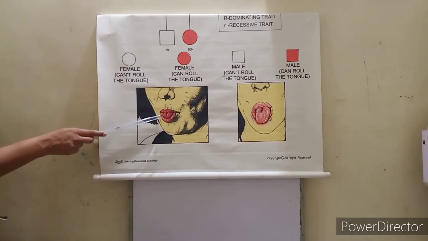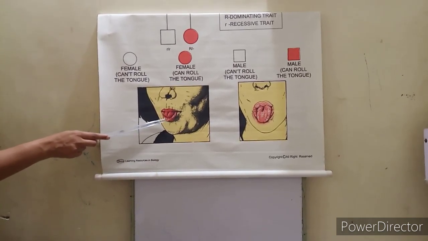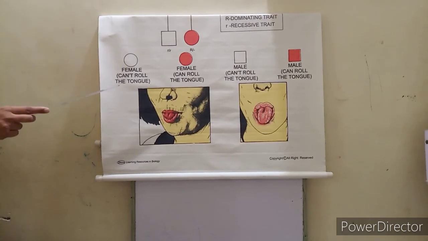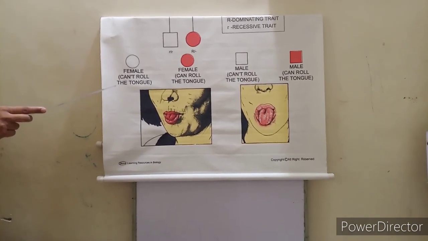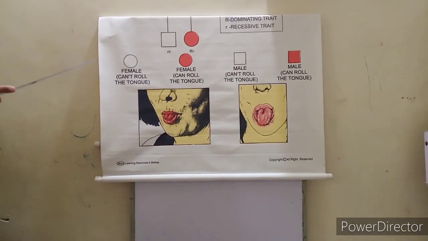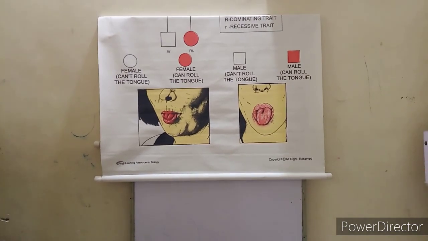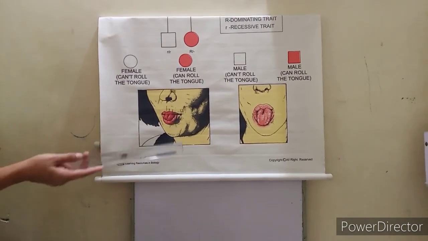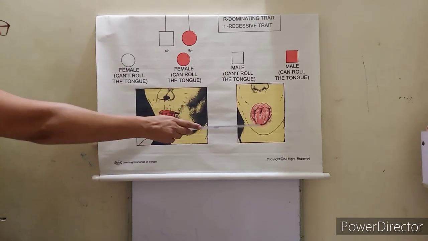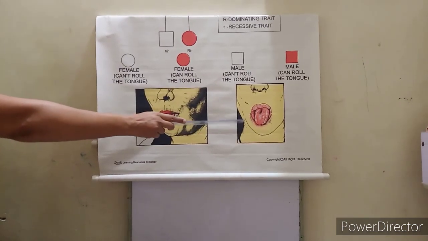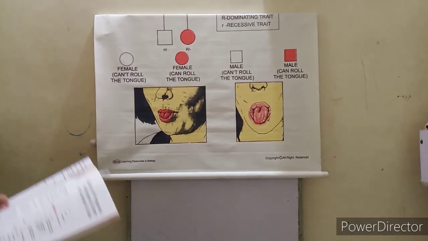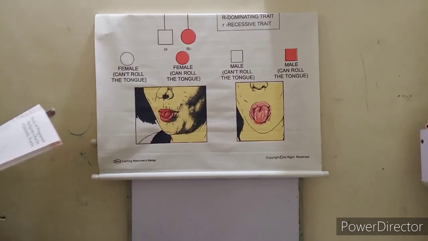So, this is the way you can roll the tongue if you have the dominant gene for this particular trait. And if you're not able to roll the tongue, you can simply show your tongue like this. This is how people who cannot roll the tongue look. Now how is it possible for the people who can roll the tongue?